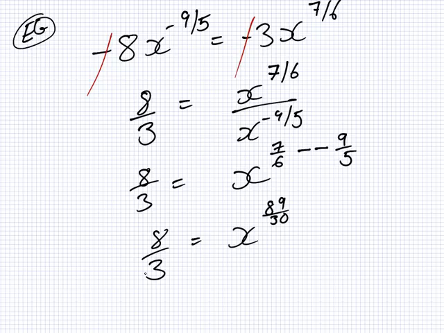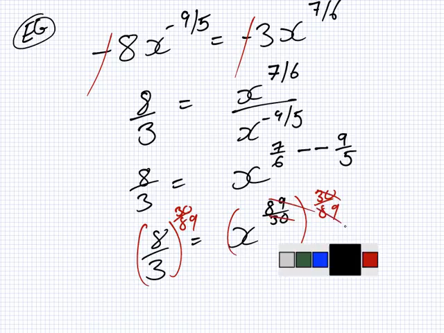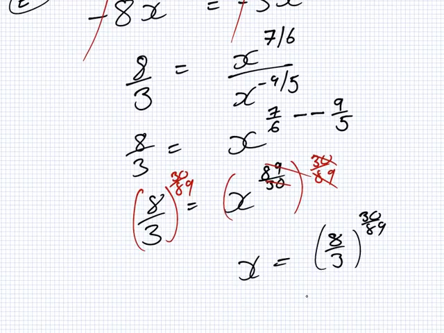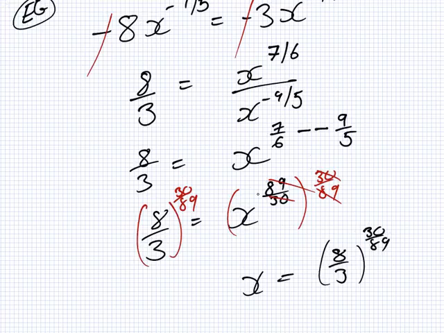So to finish, you put power 30 over 89 on both sides, because that will cancel the power here, and you're left with x equals 8 over 3 power 30 over 89. Although you can simplify that a little bit, but I won't. I think this is good enough.